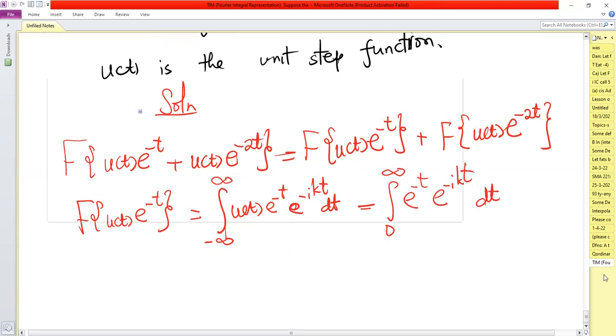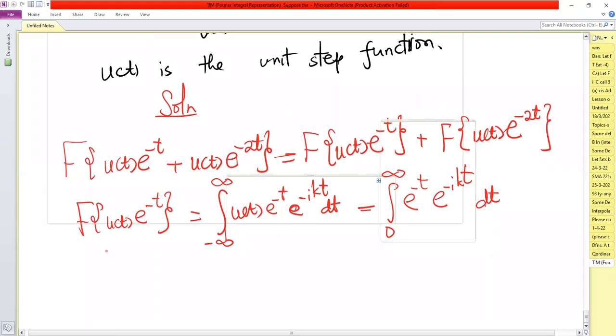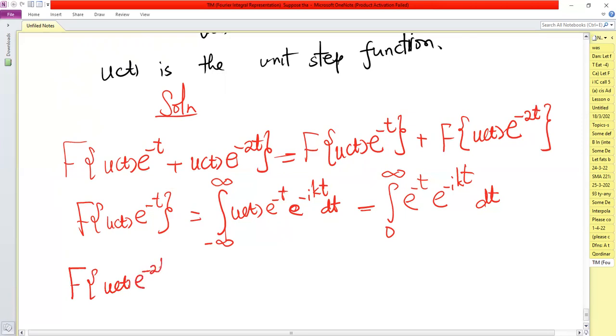And similarly, the Fourier transform of u(t)e^(-2t) is the same as the integral from minus infinity to positive infinity of u(t)e^(-2t)e^(-ikt) dt.